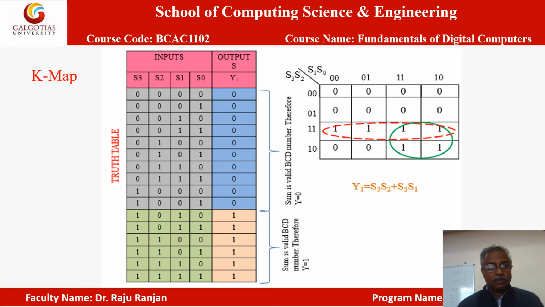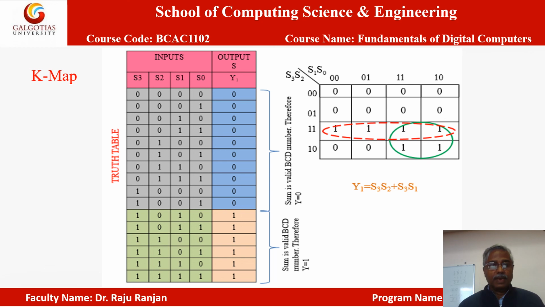Again, now let's consider the first one coming here, that is 1, 0, 1, 0. So when the value of S3, S2 is 1, 0, that is last row, and the last column, here the value will be 1, the last cell.